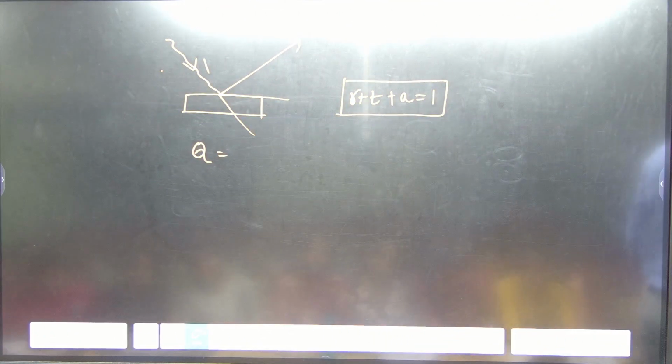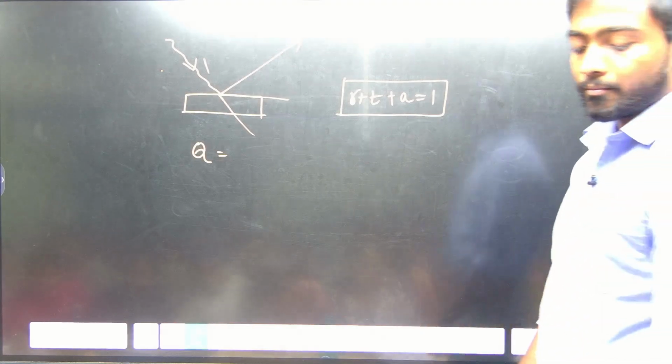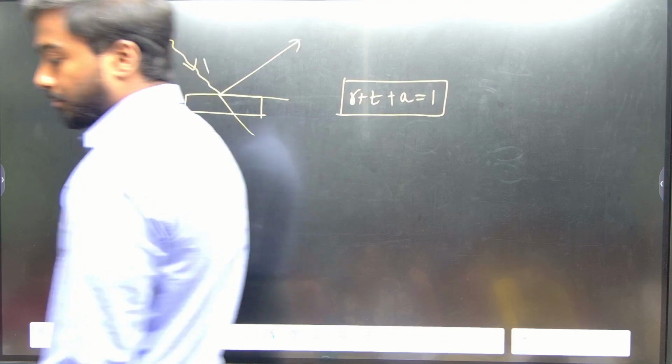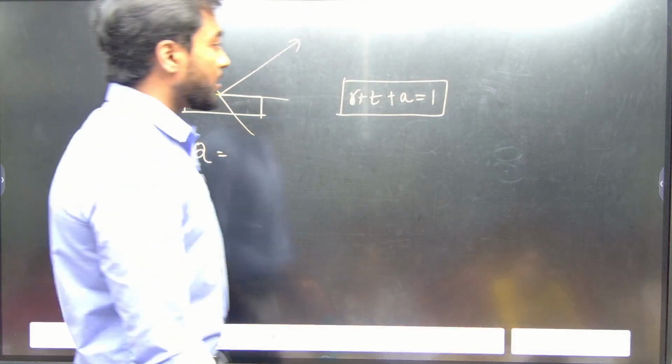First note point: if an object is a perfect transmitter, then T is equal to 1.